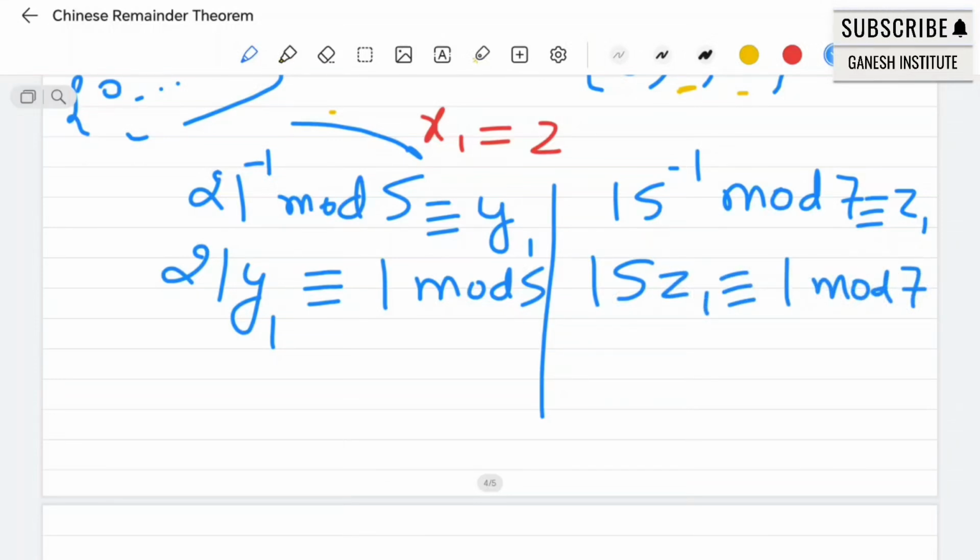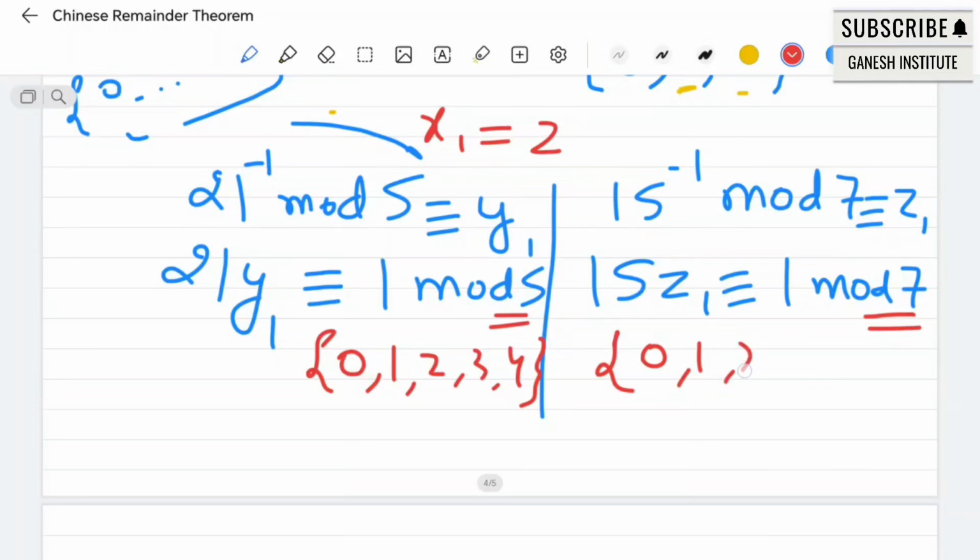Modulo 5 means the elements should be from 0 to 4, and modulo 7 means elements to be checked from 0 to 6.